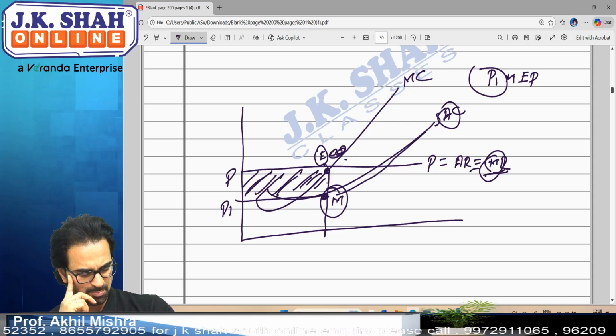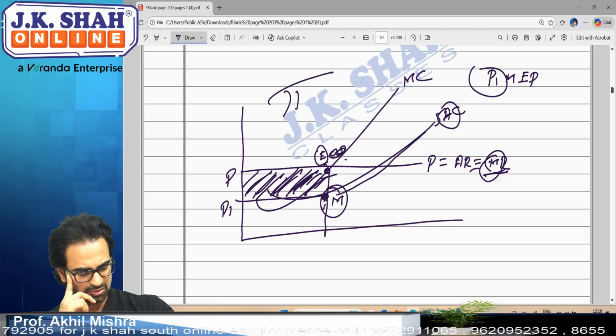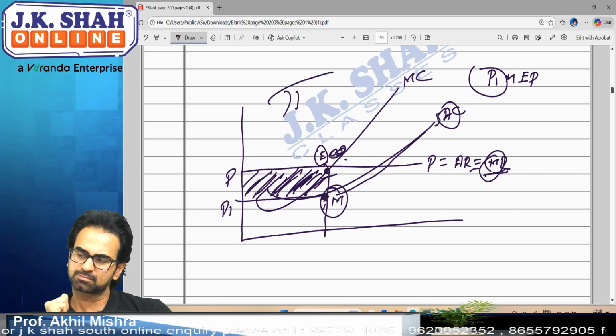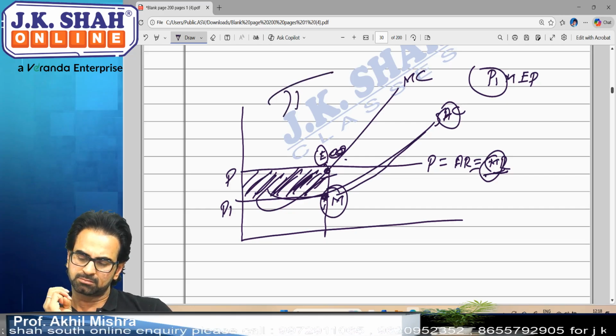So revenue is up and cost is down, income is up, cost is down. So this shaded area is nothing but your supernormal profit, which you also show by pi. Got it? Could you understand?